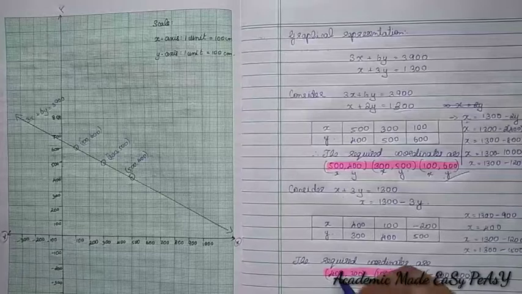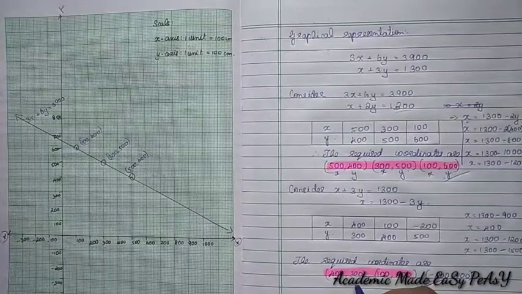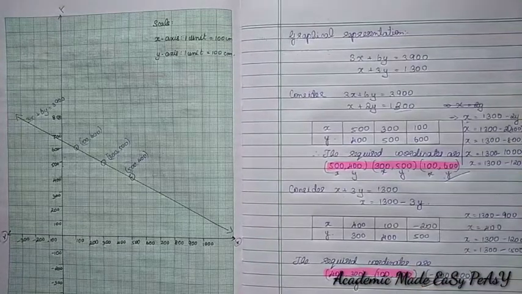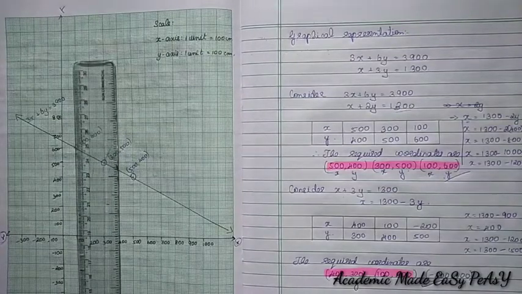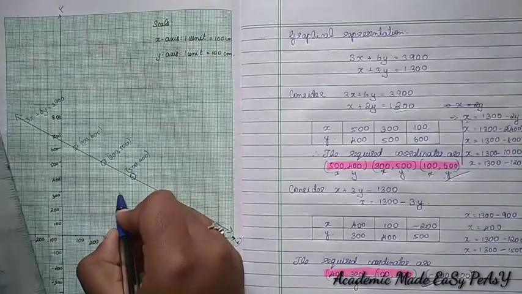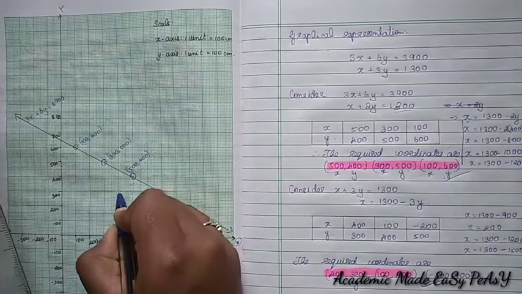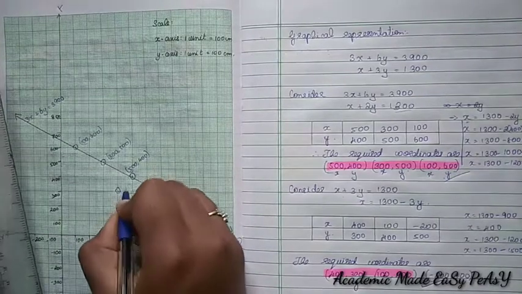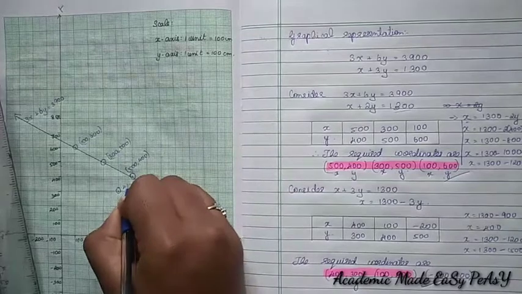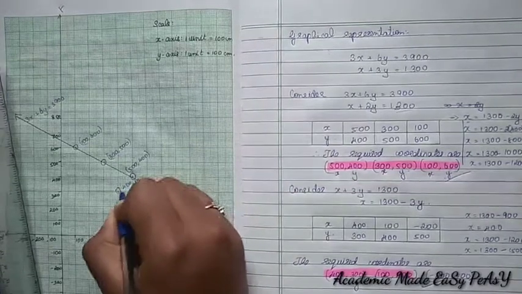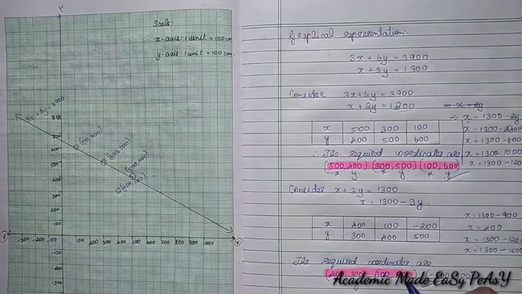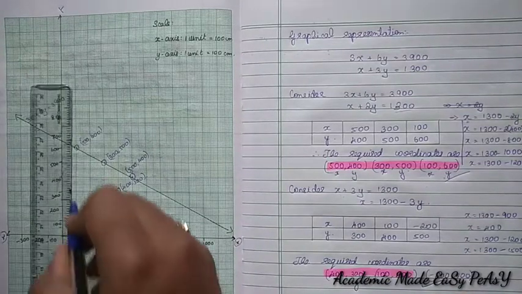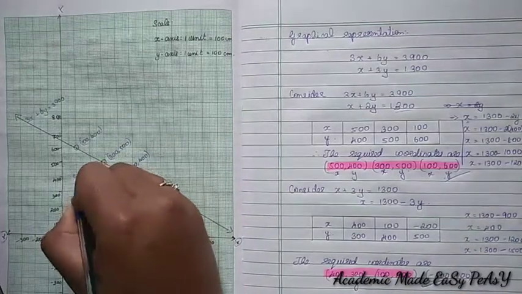So it is 400, 300. So this is x and y. For x, 400 is over here and 300 is over here. So 400, 300. Next I will be going for 100, 400. So 100, 400.